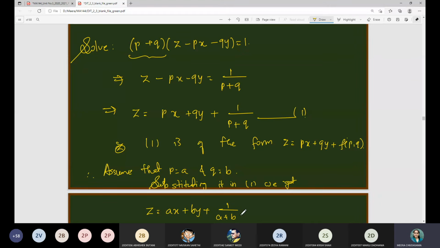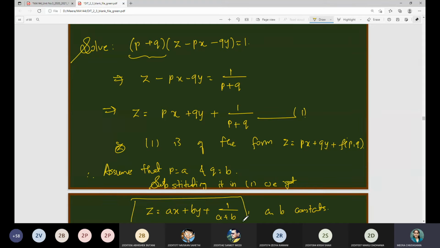Substitute a in place of p and b in place of q. You will get the corresponding complete integral. a and b are nothing but constant quantities. Okay, so this is the complete integral.